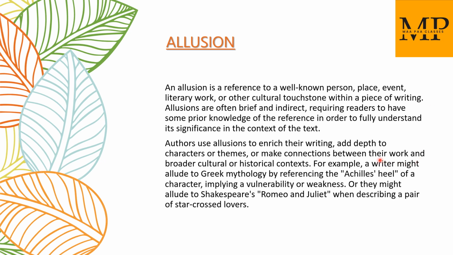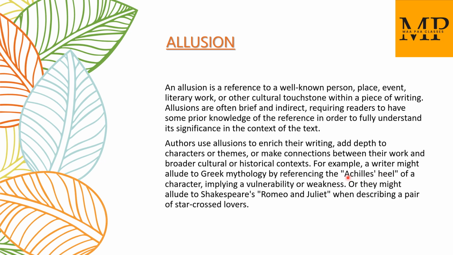Basically, allusions make someone understand the situation or the character by comparing it to some literary or historical work that has already been done, so that a comparison is created. For example, a writer might allude to Greek mythology by referencing the Achilles heel of a character, implying a vulnerability or weakness.